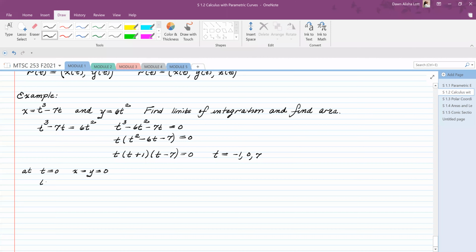At t equal to -1, x and y are both 6. And at t equal to 7, x and y are both 6 times 49. Now I'm trying to figure out what that does for me.